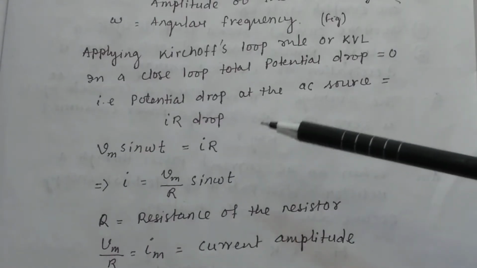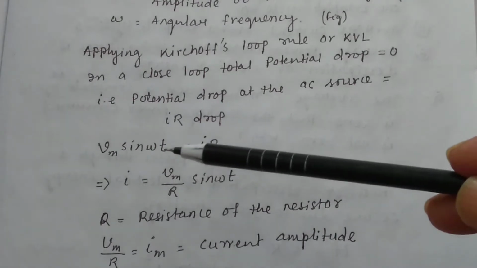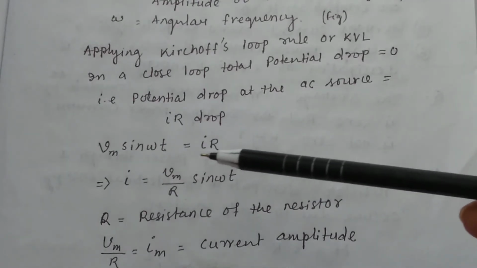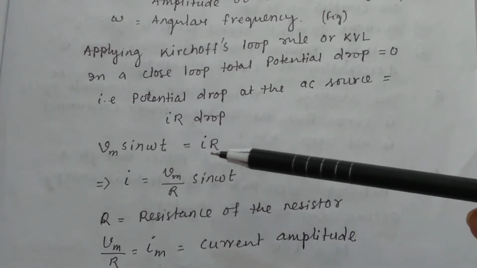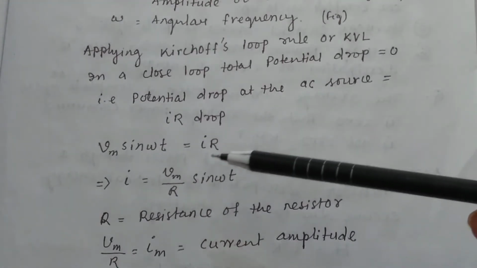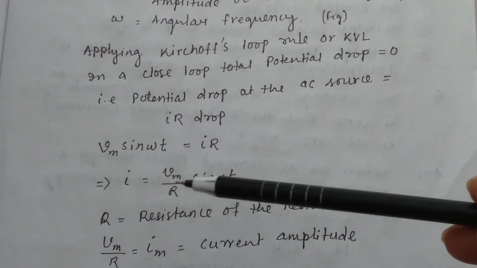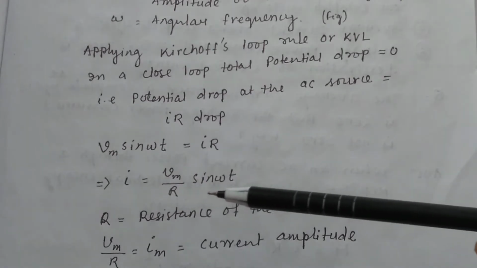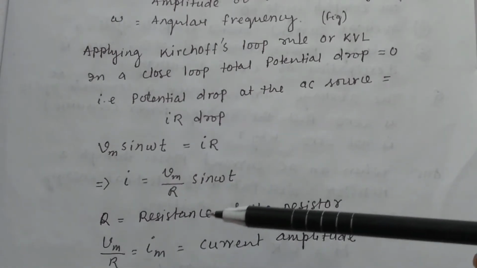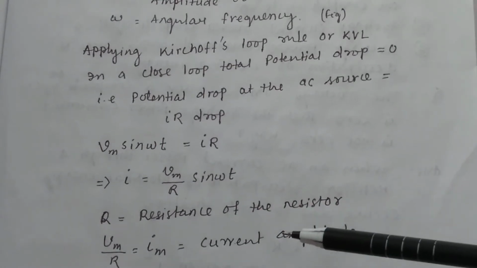The potential drop at the AC source is Vm sin omega t, and the potential drop at the resistance, that is the IR drop, is equal to I into R. So I will be equal to Vm divided by R into sin omega t. Here R is called the resistance of the resistor.